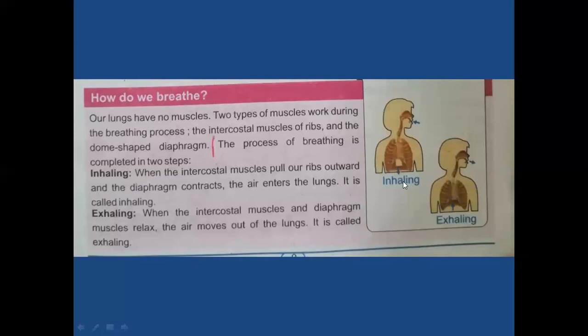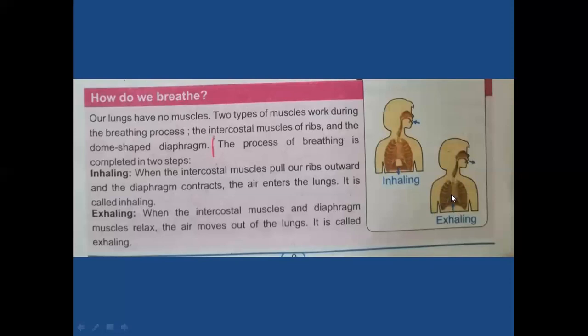What happened? The diaphragm contracts. When it moves down, it contracts, and when it contracts, air enters the lungs because the lungs then have space for the incoming air. So the air will enter our lungs. It is called inhaling.